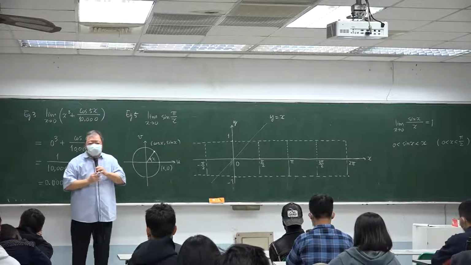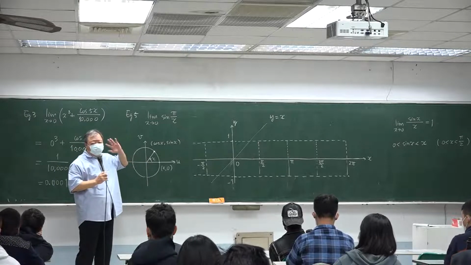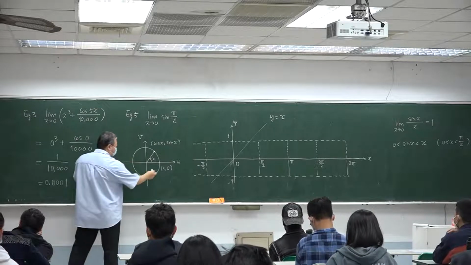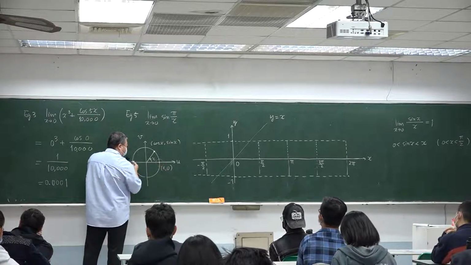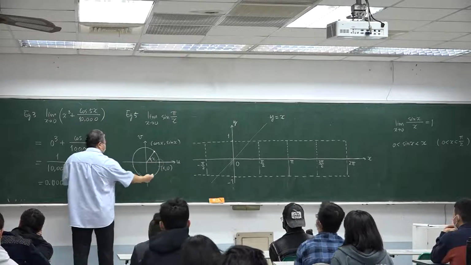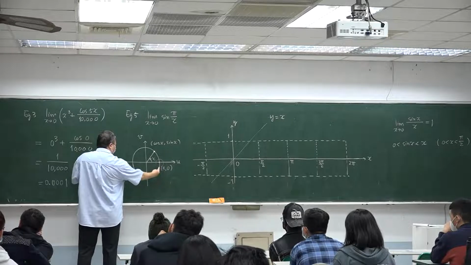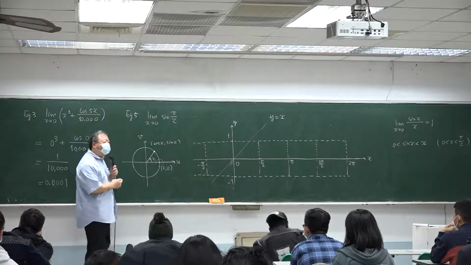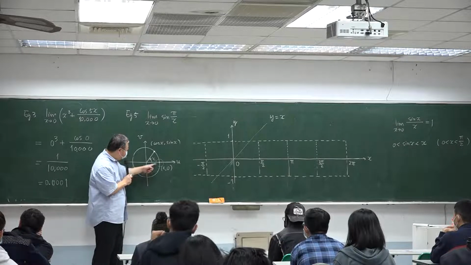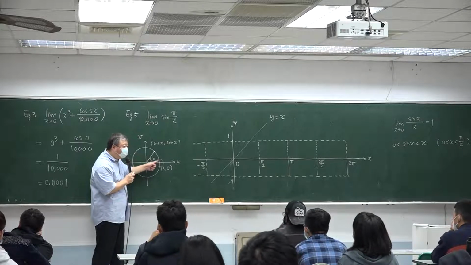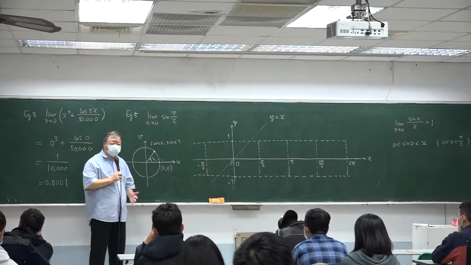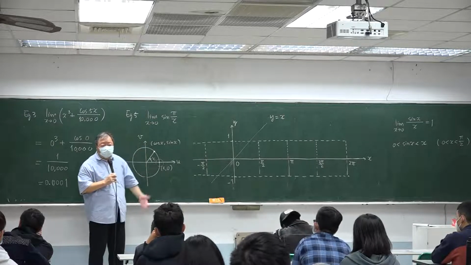use the notion, the concept of limit. Zoom, zoom, zoom. Because this part is smooth, if you were a creature living in this small world, you could not find that your world is curved. You would think your world is a straight line.